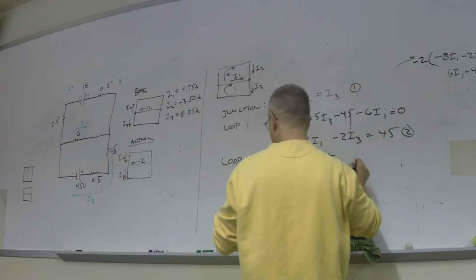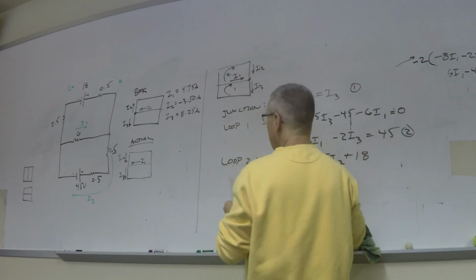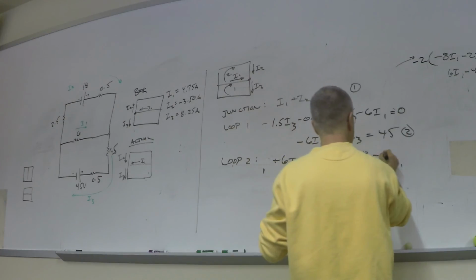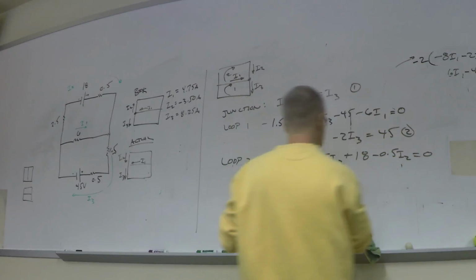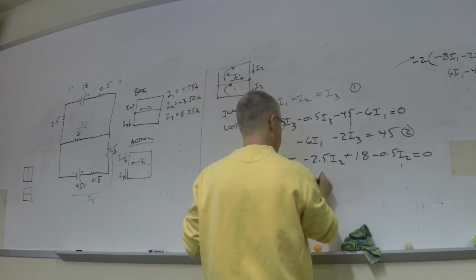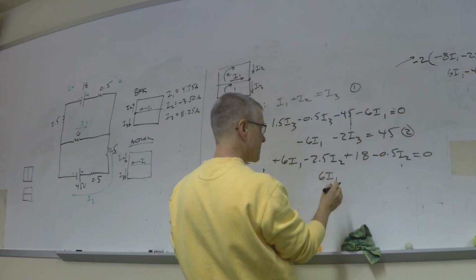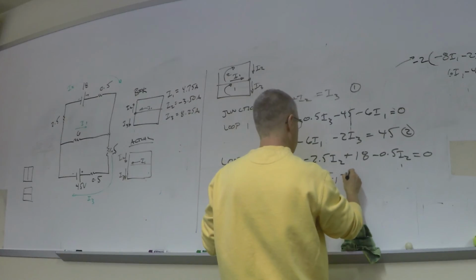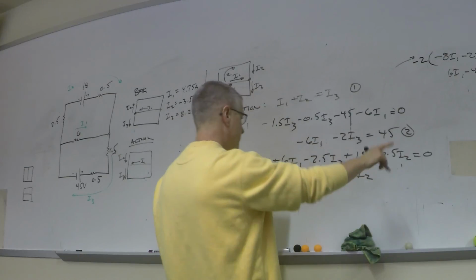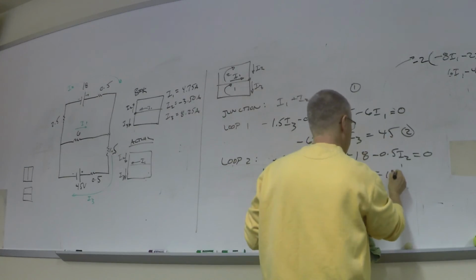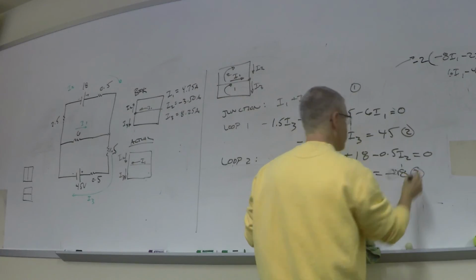Going the normal way through the battery, so plus 18 more, minus another 0.5 I2s, and then I'm back to my starting point. Cleaning that up a little bit, I've got 6 I1s minus 3 I2s, and 18 goes to the other side of the equal sign. And so there's my third equation.